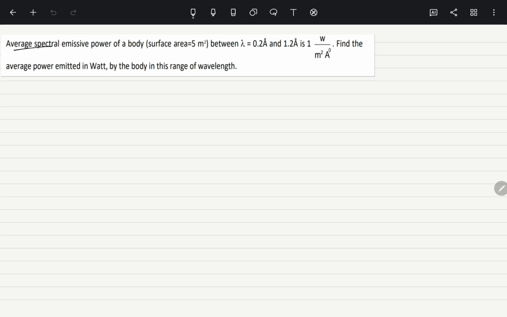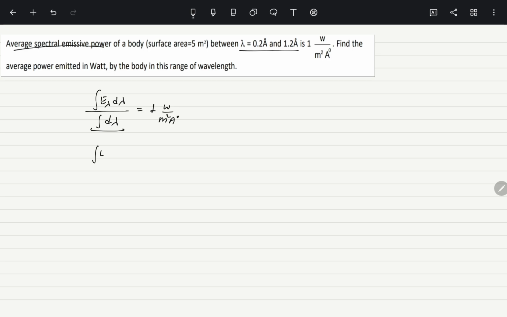See, the average spectral emissive power, that means the spectral emissive power is E lambda, right? So how do we write average? So integral of E lambda d lambda over the wavelength divided by integral of d lambda. So this is the average spectral emissive power over the wavelength. That is given as 1 watt per meter square angstrom. Now d lambda is the change in wavelength, which is given like 0.2 to 1.2. So difference is 1 only, 1 angstrom.